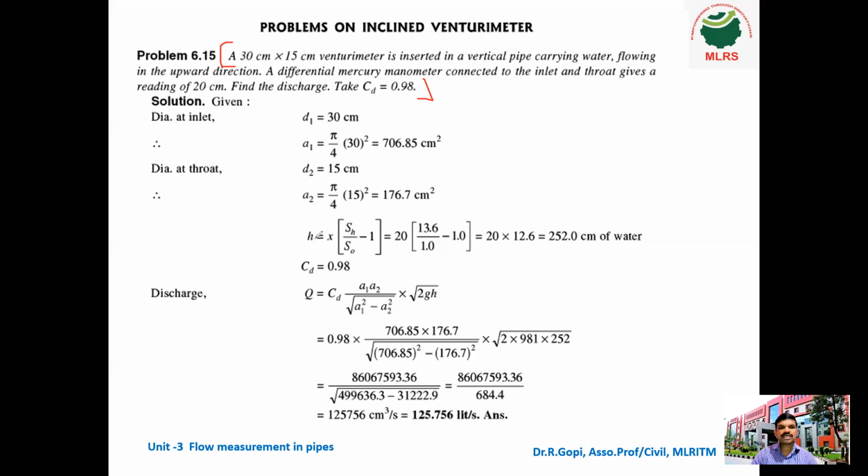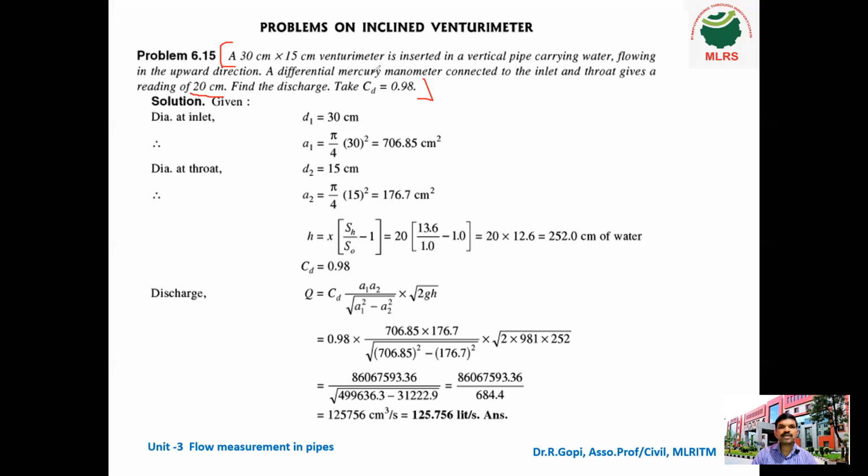Next, the pressure head H is equal to X into (SH divided by S0 minus 1). X is the differential manometer reading, which is 20 centimeter, given in the question. So 20 into the specific gravity of the heavy liquid.